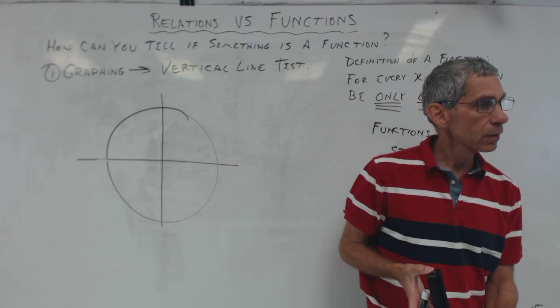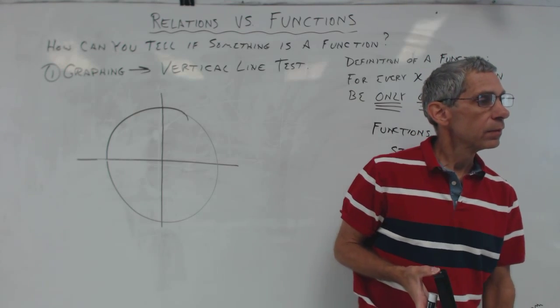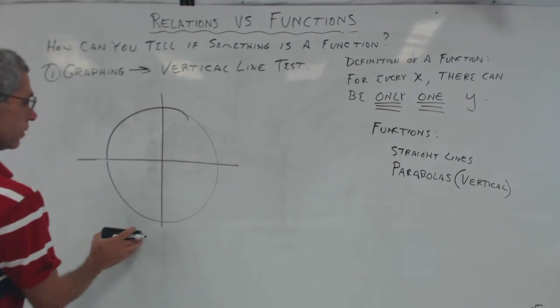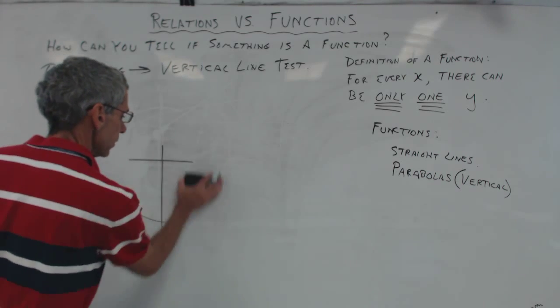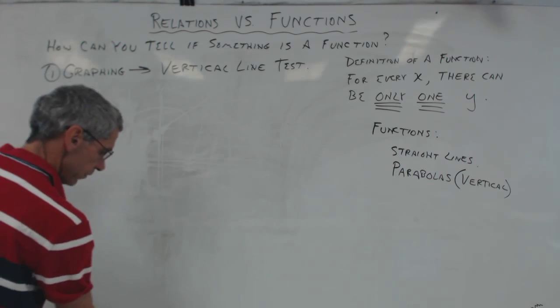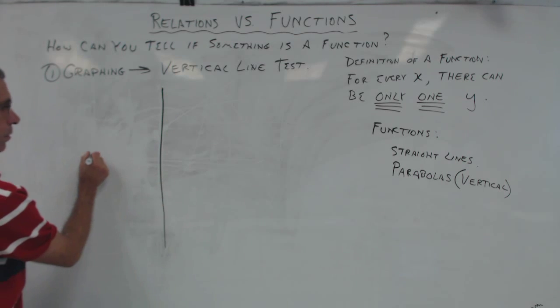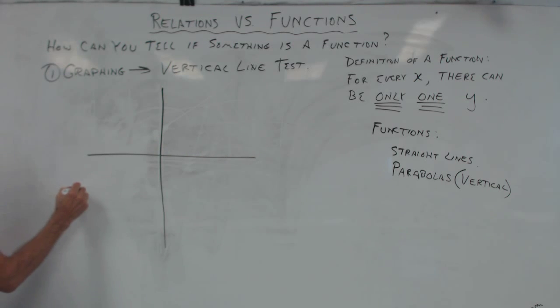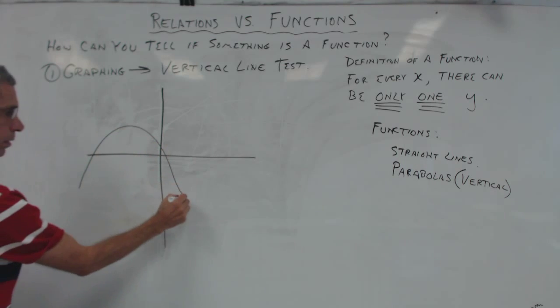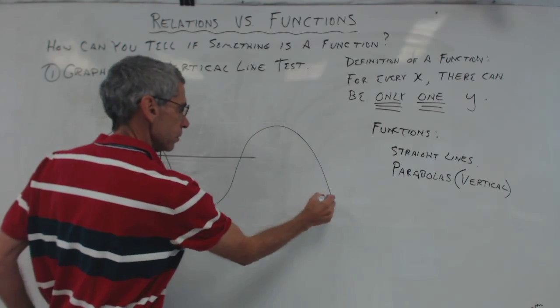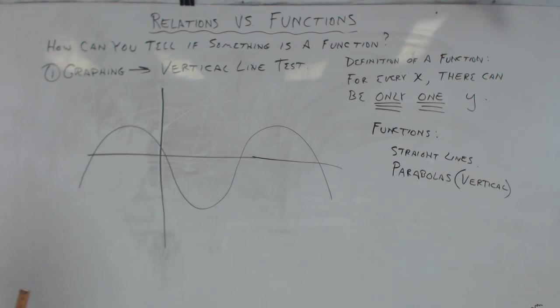Can a function be something like that? Okay, great question. Okay, so let's try a different shape. Not there. Let's try a different shape. What if I have this? What if I had, can that be a function? Yes.